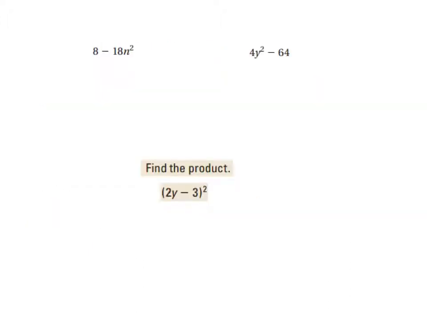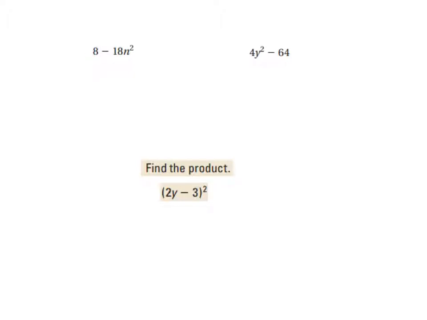Okay, let's look at these two. These are very similar, but this one, if you look at it first, it's a binomial, two terms, it's a difference, but 8 and 18 are not perfect squares. There's not a way to factor them where you get matching factors. But we don't need to forget, we can always look for a GCF.